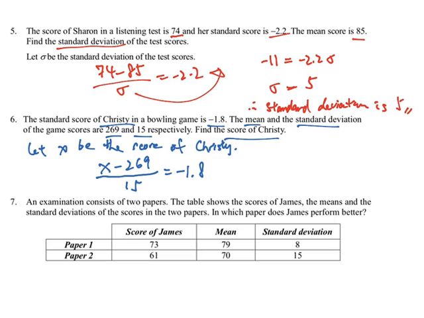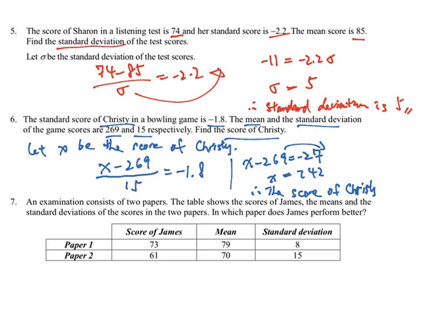So we move 15 to the right hand side, times 1.8. So it becomes x minus 269 equals negative 27, and then move this to the right hand side, it becomes plus. So 269 minus 27 equals 242. So the score of Christie is 242.